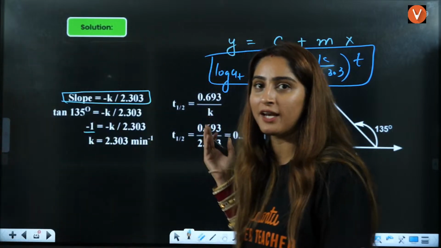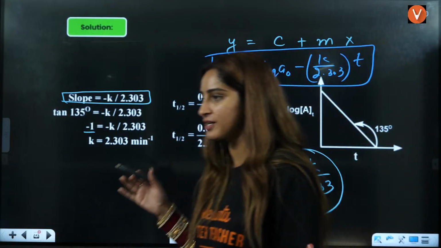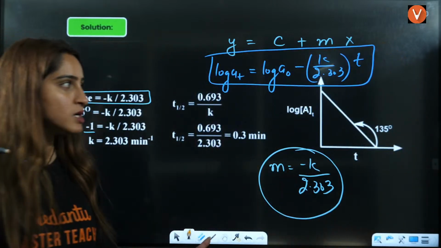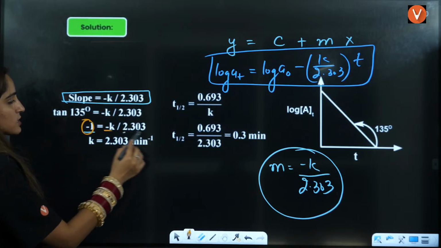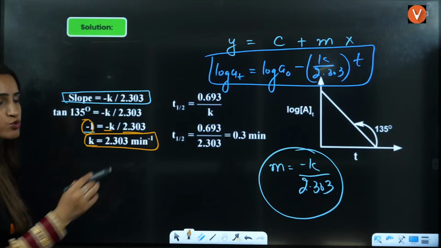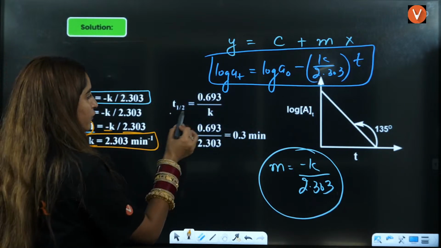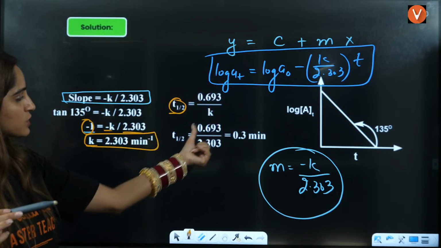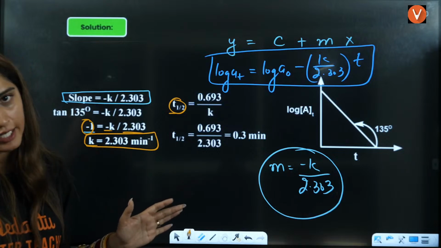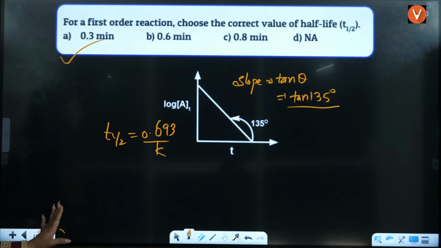I used to do this 10, 15 years back in trigonometry. It's been a long time since I studied trigonometry, but this much I remember. So directly you can put the value as minus 1, minus K by 2.303, so K will be equal to 2.303 per minute, right? After that, if you know the value of K, you can easily calculate the value of T half by putting this formula. So that answer you can easily get.